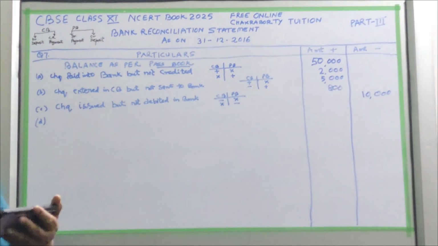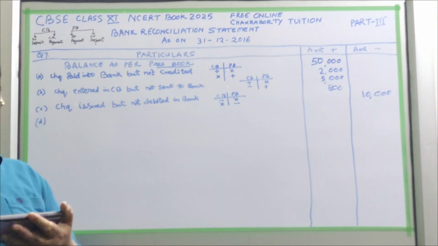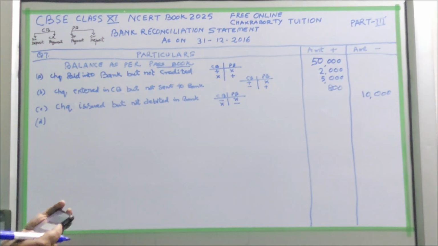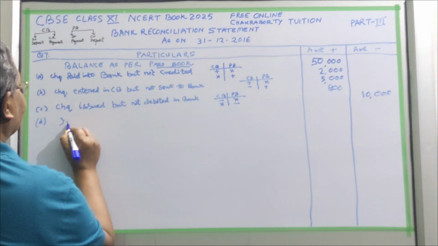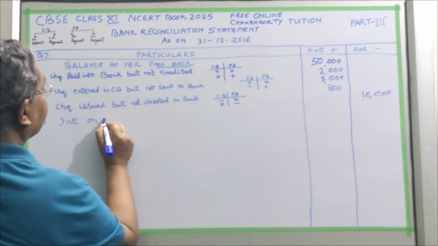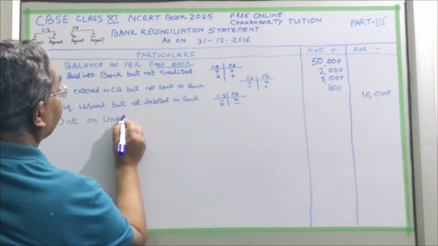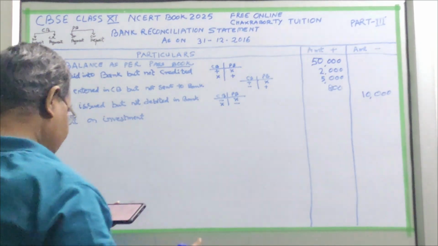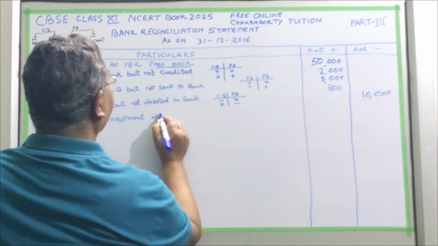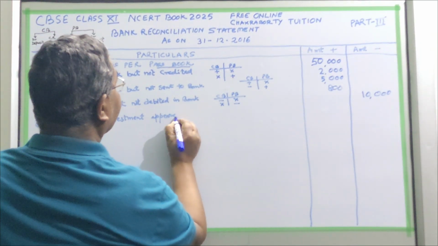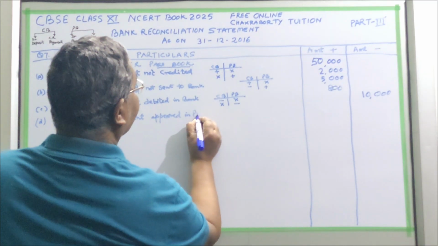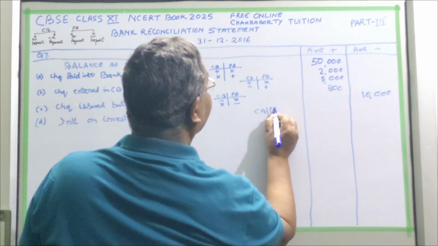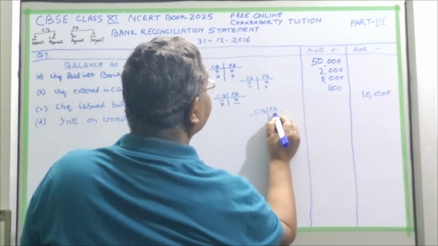Now D point. Interest on investment of 1,000 collected by the bank appeared in the passbook. Now you see the cash book position and passbook position. In the passbook it is entered.